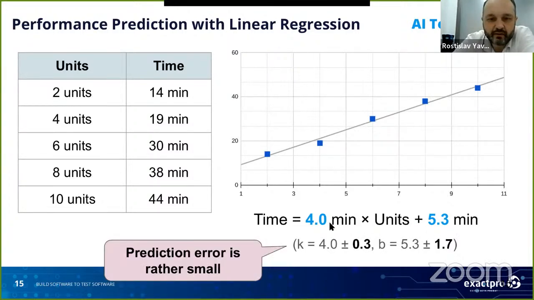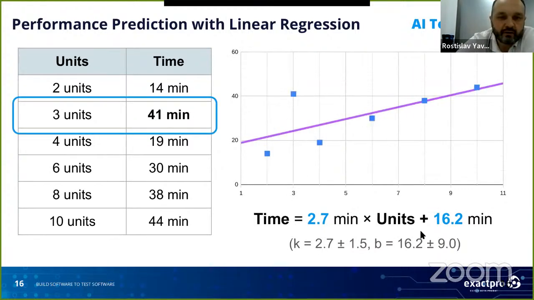And then we compute the approximate error, and you see that the expected error is again rather small, which is good. So you predict that the average time for 1 unit is 4 minutes, and the error is like 0.3, which is less than 10%, which is quite good, right? And the prediction for overhead is 5.3, and again, the estimated error is rather small.